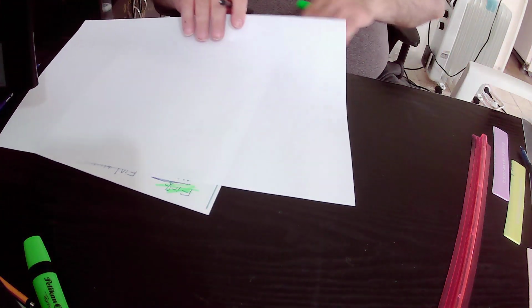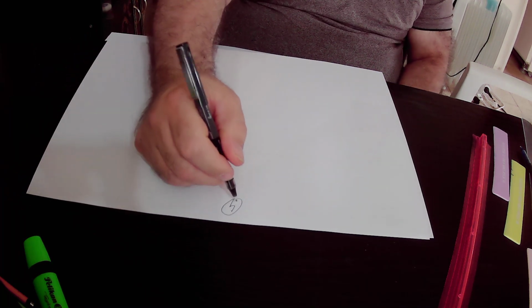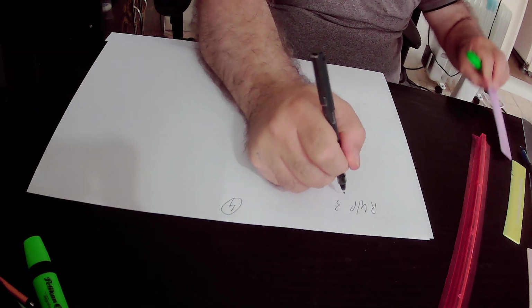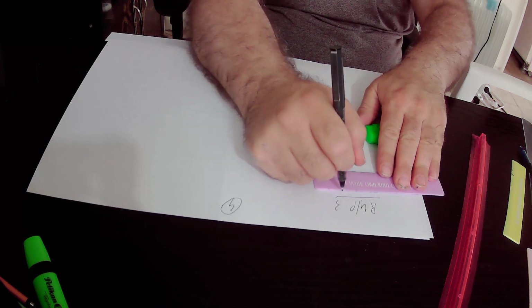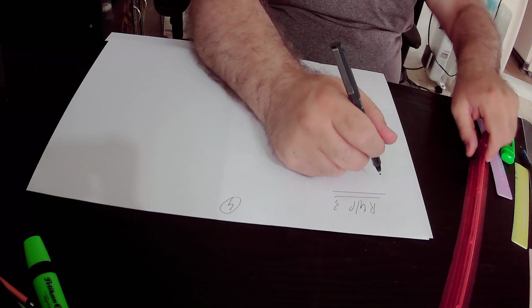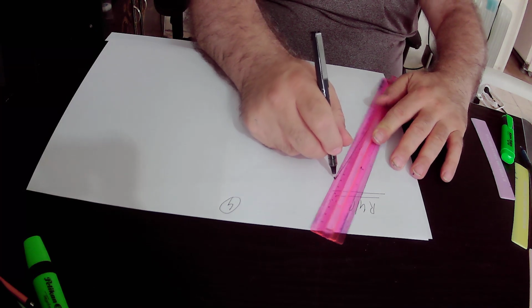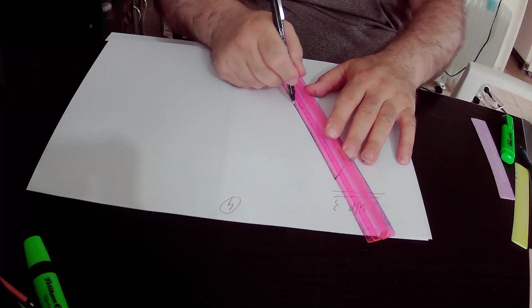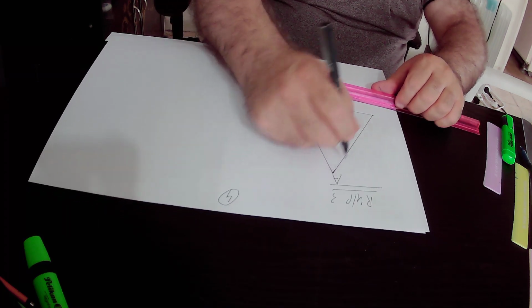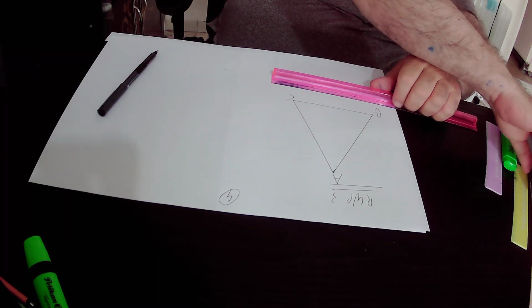According to rule number 3, if we have triangle ABC, that could be any triangle, this is triangle ABC, and we also have the angle bisector AD.